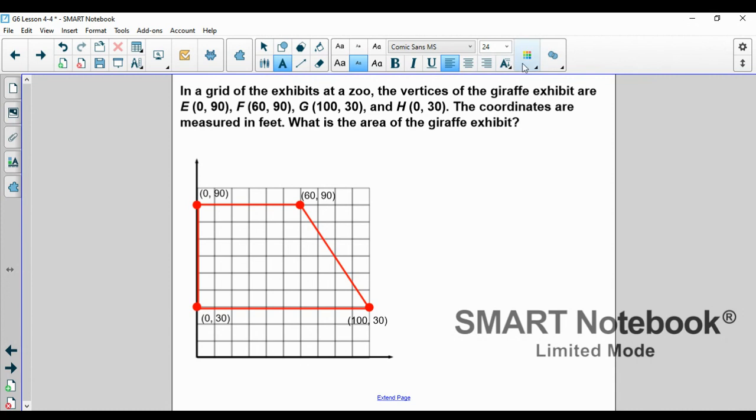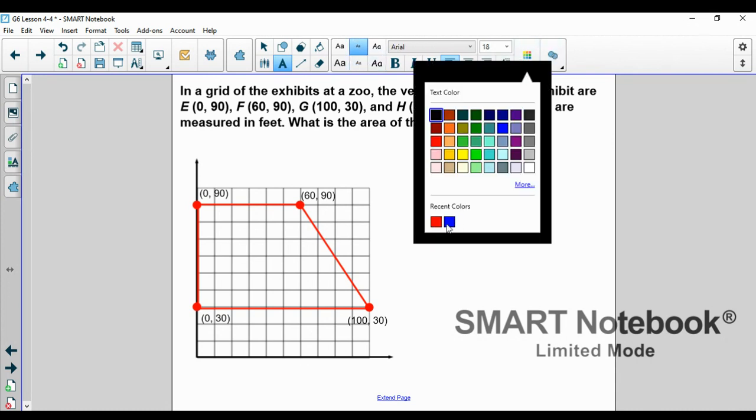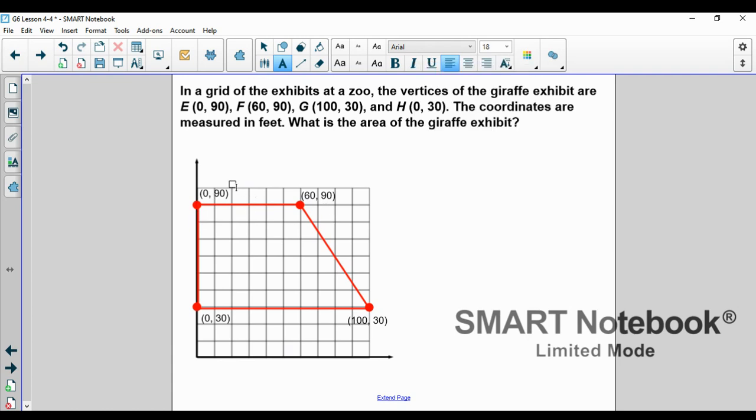Now it wants to know what the area is. So in order to find the area, I need to know what this measurement is, and what this measurement is, and the height, which is going to be this measurement over here. Up here, looking at my horizontal line, again, my y coordinates are the same. So I'm just going to subtract the x's.